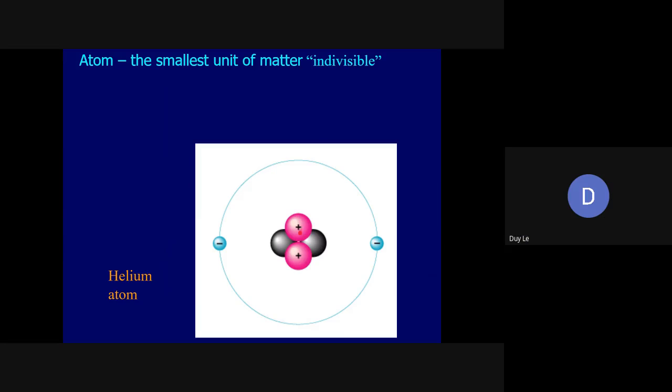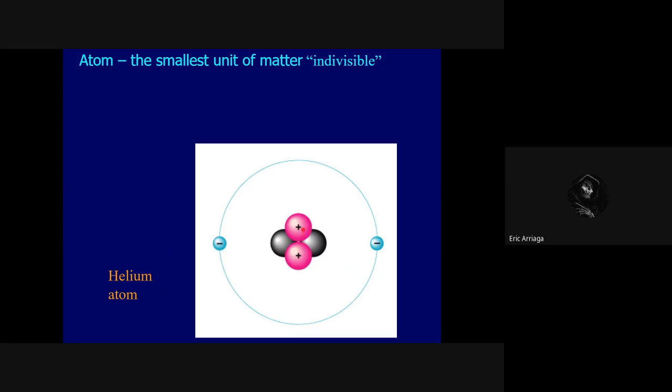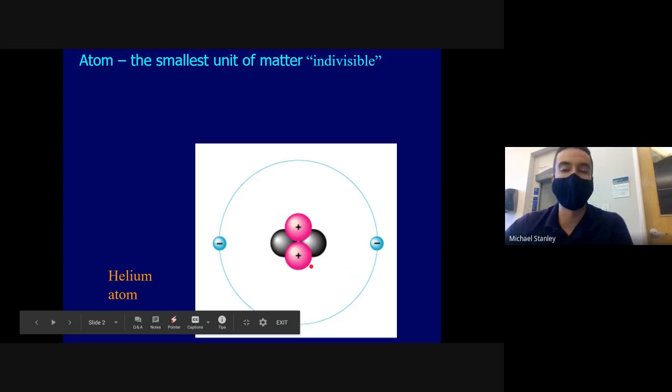Positive and negative? Electrons, right? Or no? So electrons are one of them, but they're not these positive guys in the middle. Protons? Protons. So protons are positive and protons are in the nucleus, which is this middle area.